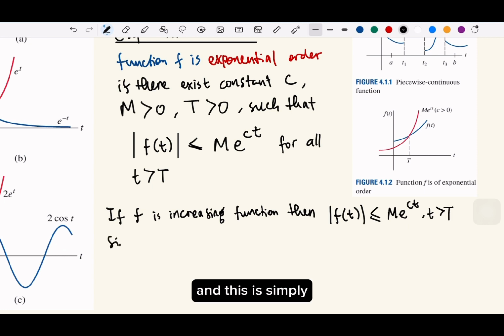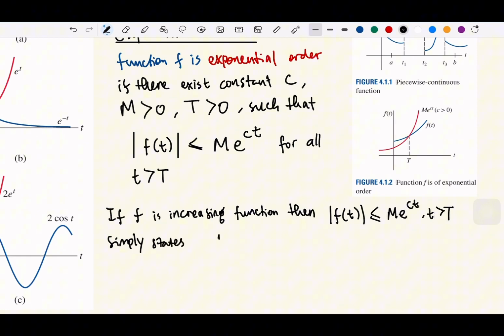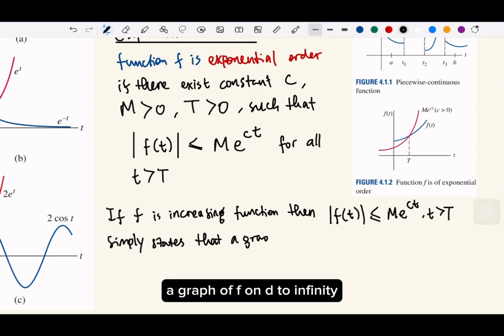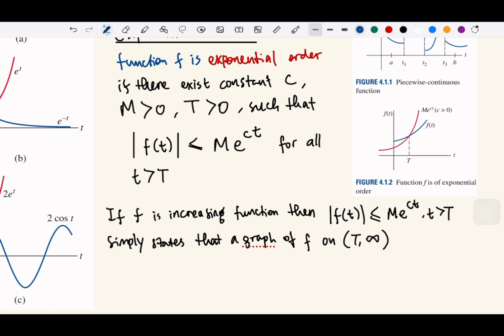And this simply states that the graph of f on t to infinity does not grow faster than the graph of the exponential order.